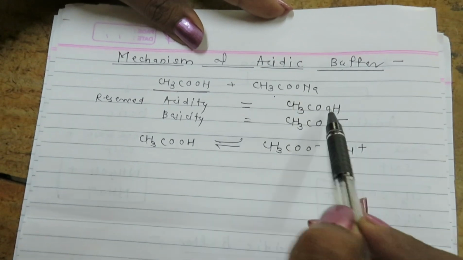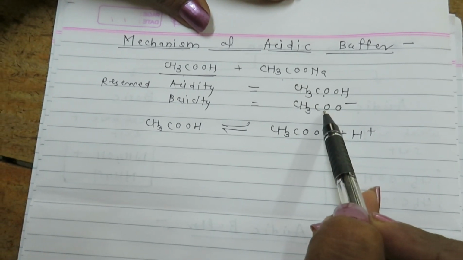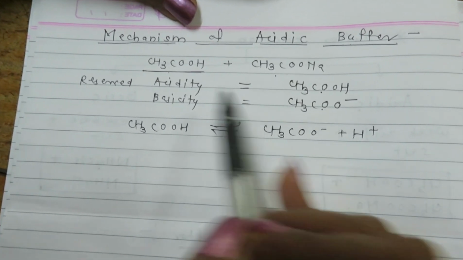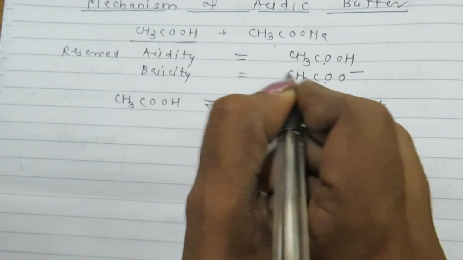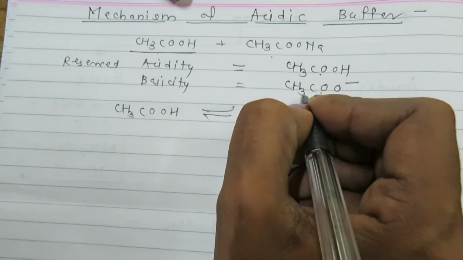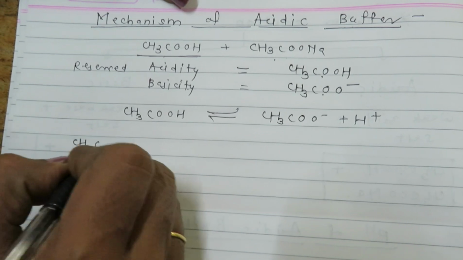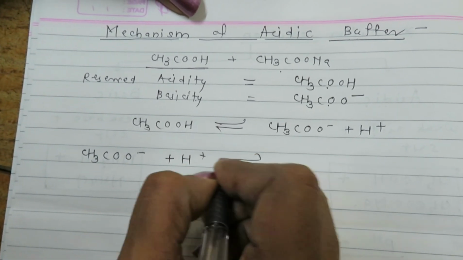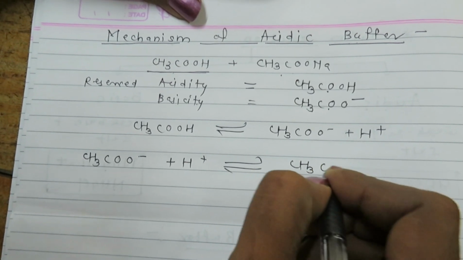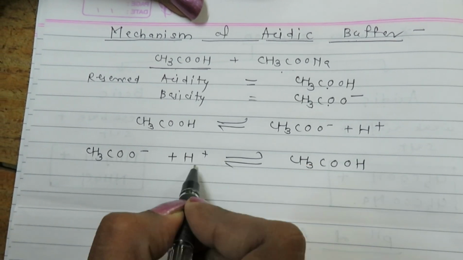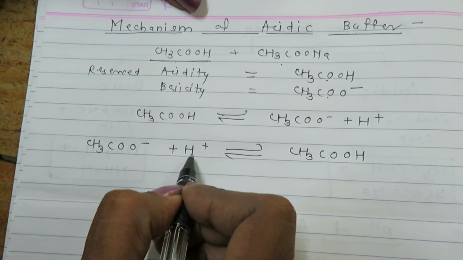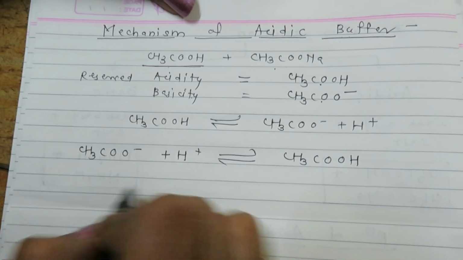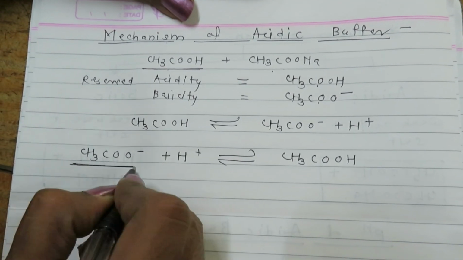As we have discussed earlier, they have reserved acidity and reserved basicity. So whenever acid is added to such buffer, the basicity, CH3COO minus, combines with the acid and forms CH3COOH. That means added H plus ions or added acid is completely neutralized by the reserved basicity.